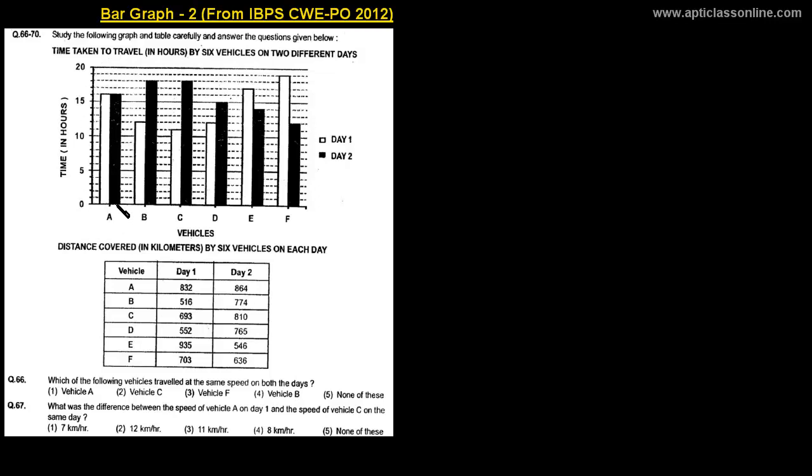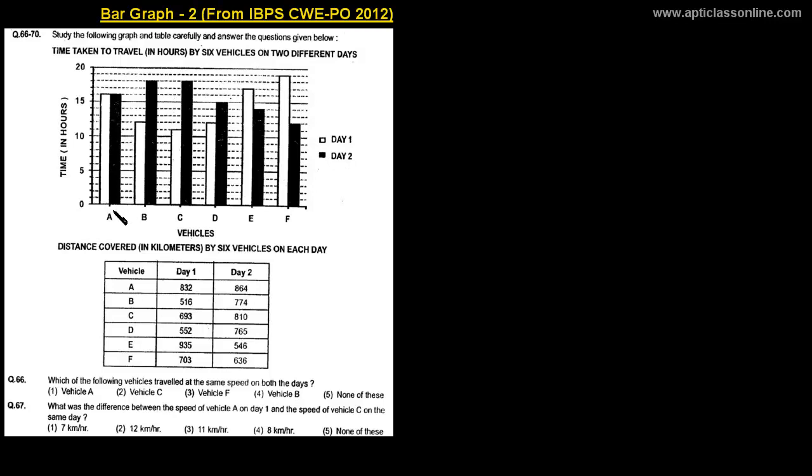So as we see, on the x-axis A, B, C, D, E, F, these 6 vehicles are plotted, and on the y-axis the time in hours is plotted. Day 1 is represented by the white bar, and day 2 is represented by the black bar.